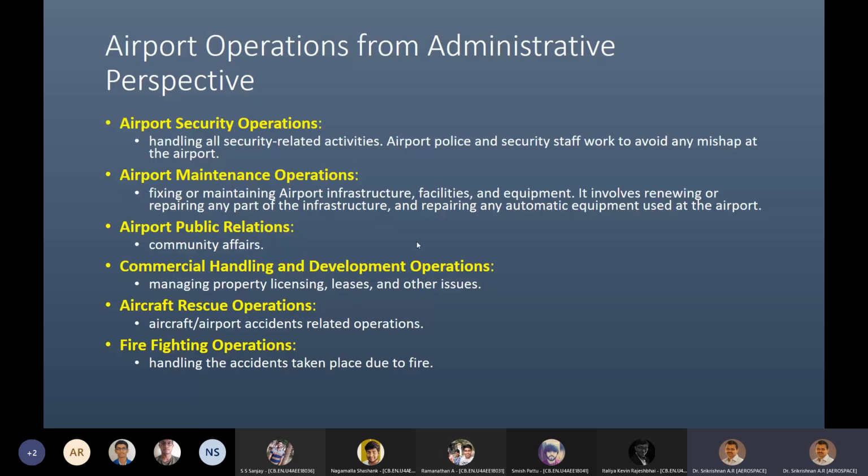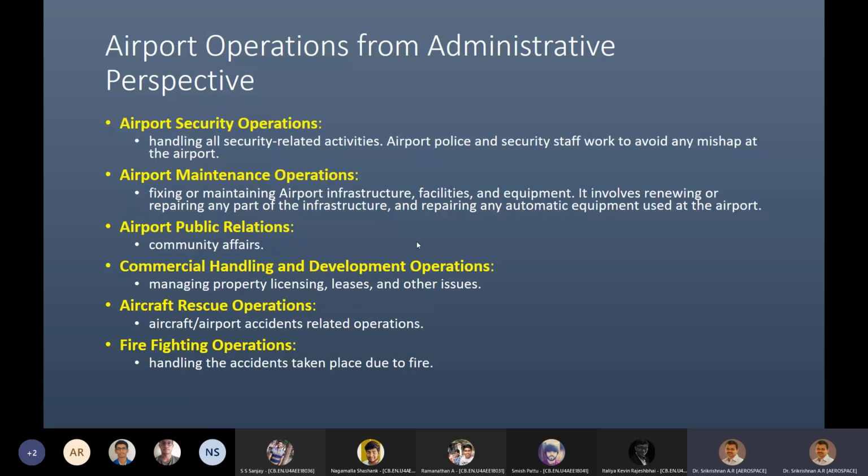And then there can be people who report to him or her, and at various levels below. So this kind of a structure can evolve by identifying the various operations from the functional perspective.